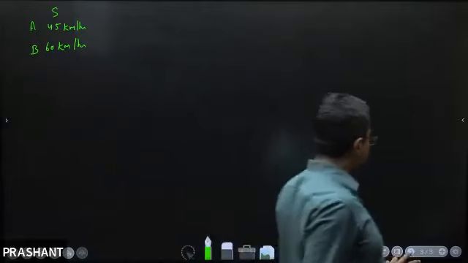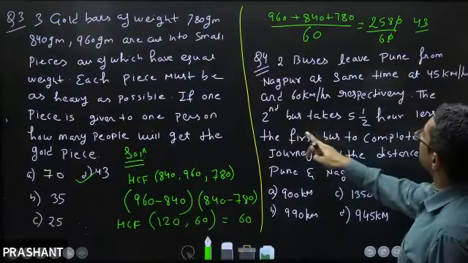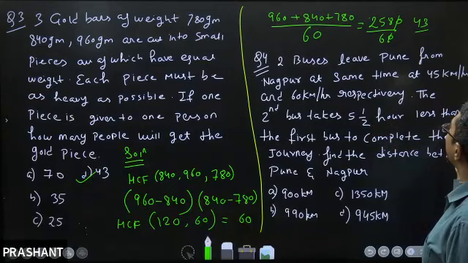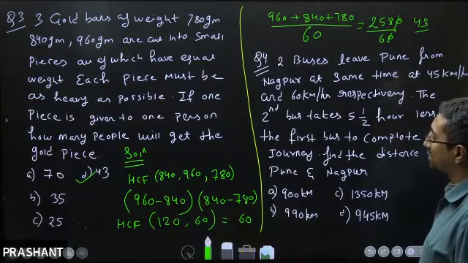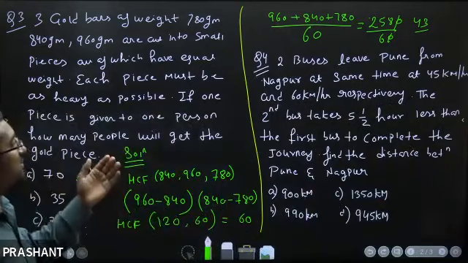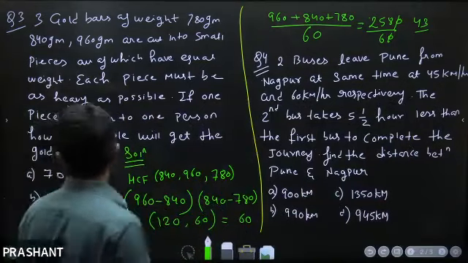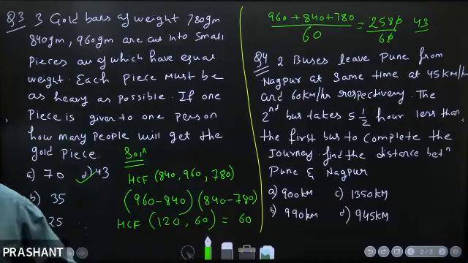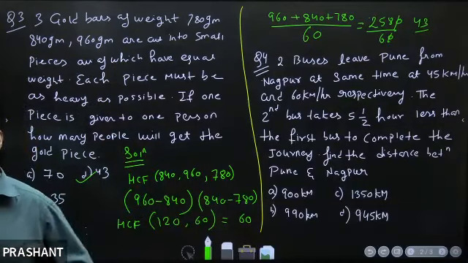Okay, and what else they are saying? The second bus takes 5.5 hours less than the first bus. Okay, it takes 5.5 hours less. So if I say first bus is taking X hours, then second bus कितना लेगा? X minus 5.5 hours.